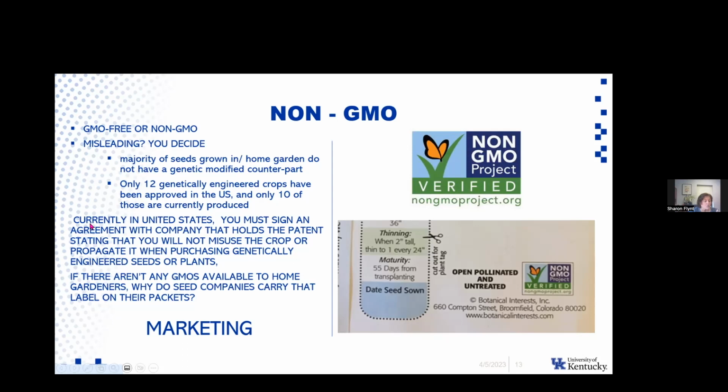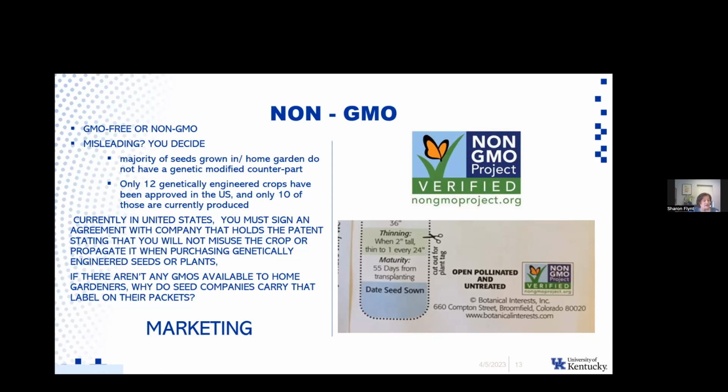If you are a commercial producer, to buy a GMO modified seed, you actually have to sign an agreement with the company that holds the patent on that GMO seed.